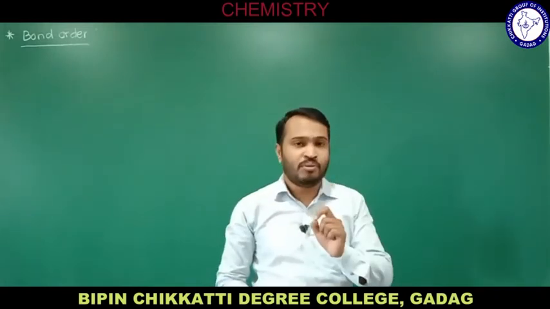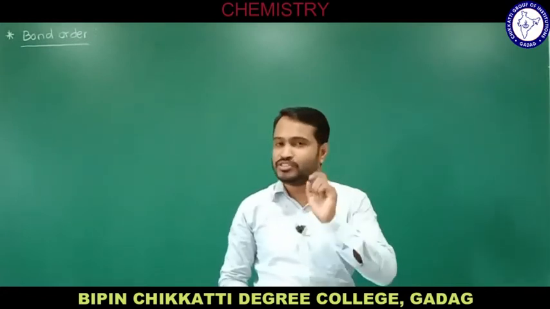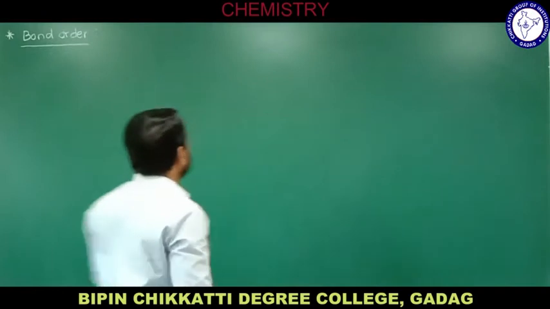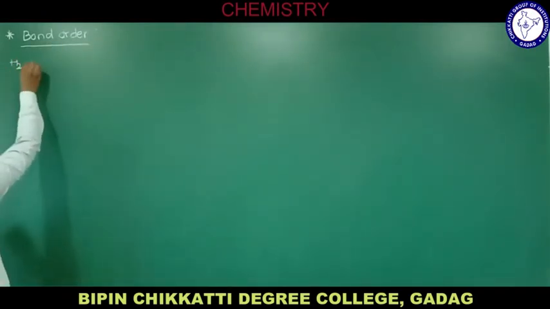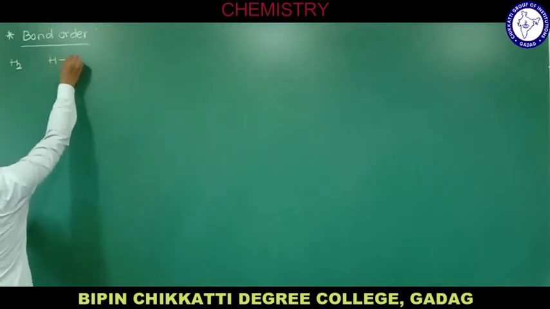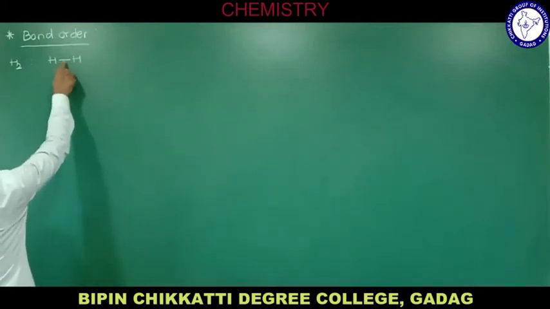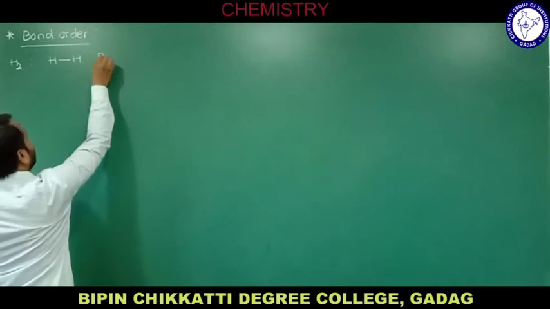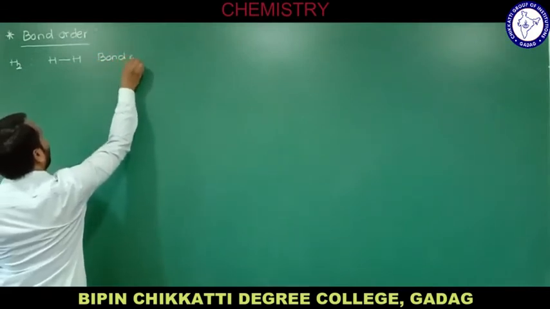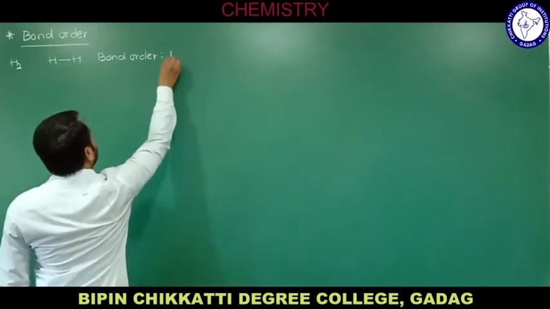In simple, you remember, the number of covalent bonds in between atoms represents the bond order. Examples we'll see. If you consider a hydrogen molecule, there is combination of hydrogen atoms, and a hydrogen molecule is going to be formed. So one shared pair of electrons we have, therefore one covalent bond is formed. Therefore the bond order in case of hydrogen is 1.